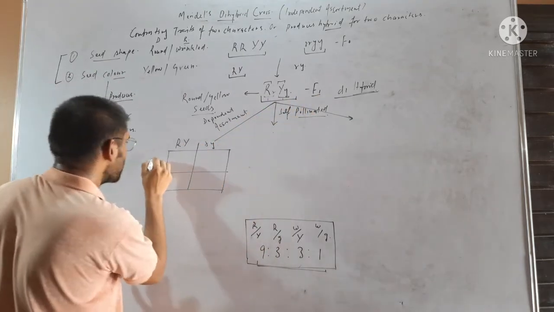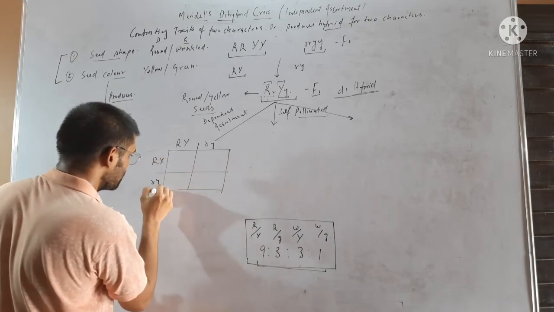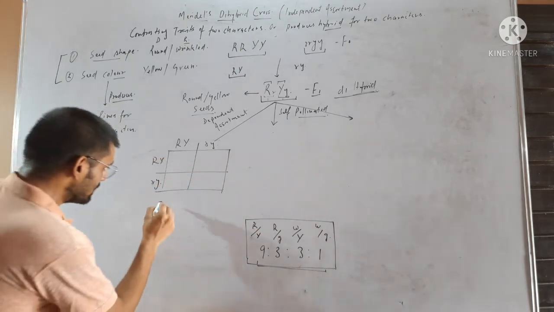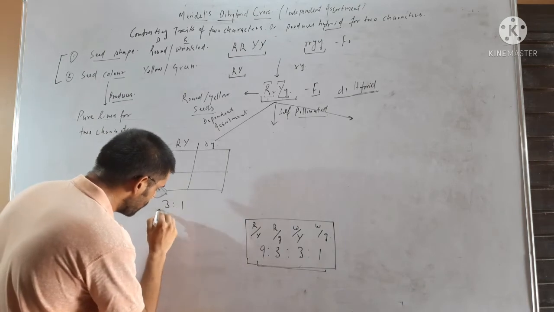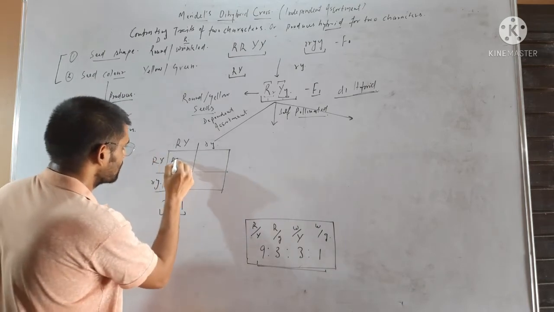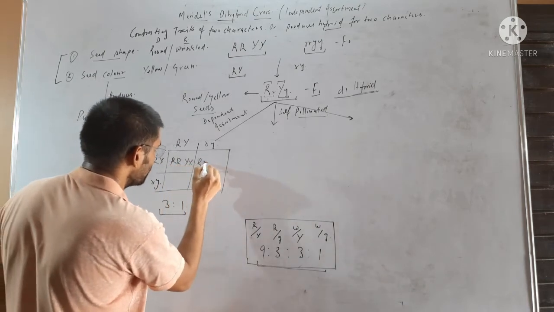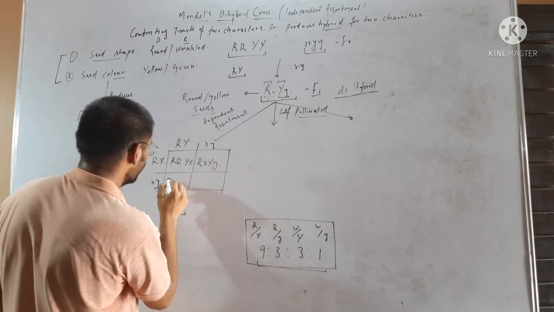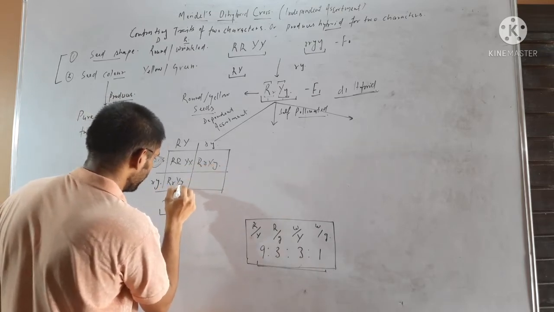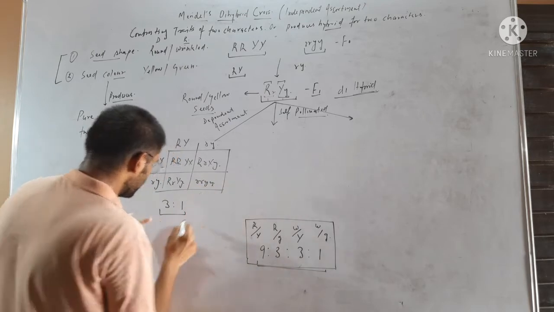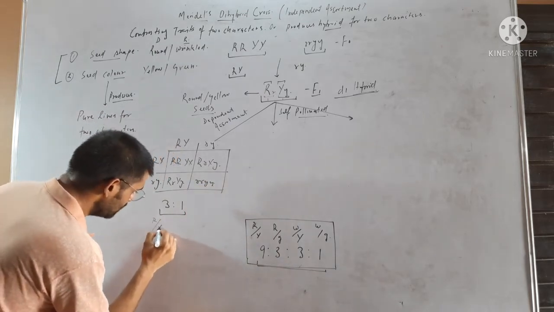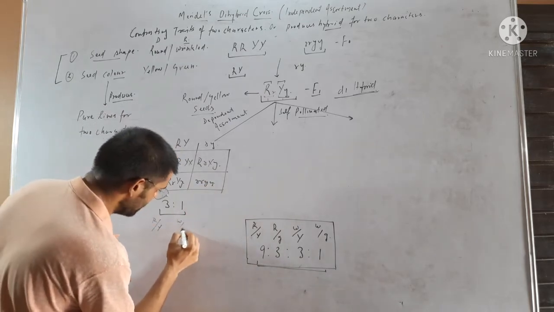So according to this hypothesis, what would he get? The result would be 3:1: three round yellow and one wrinkled green.